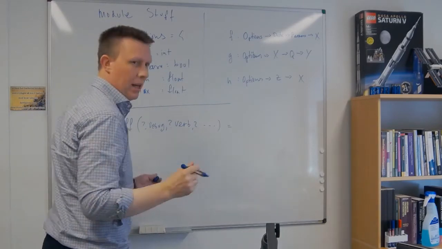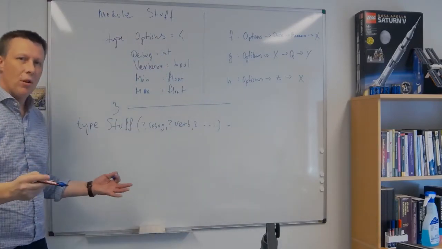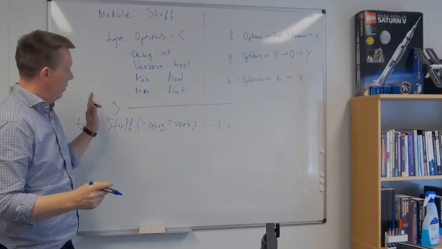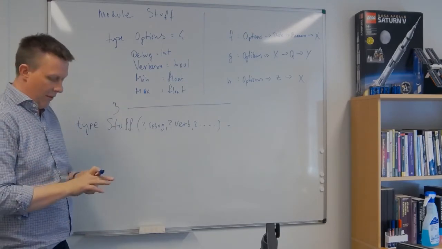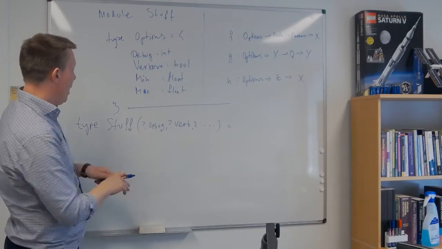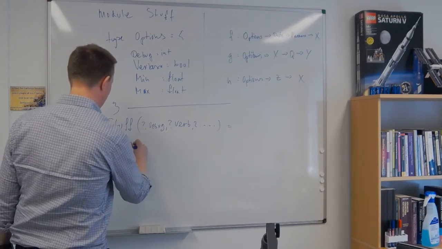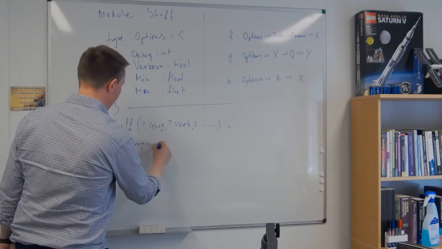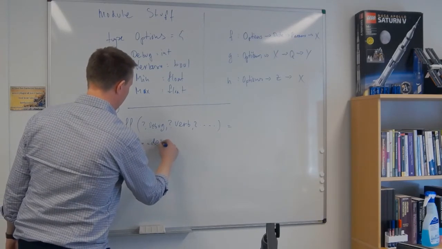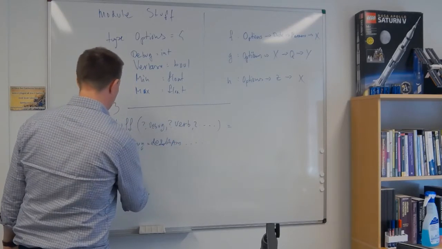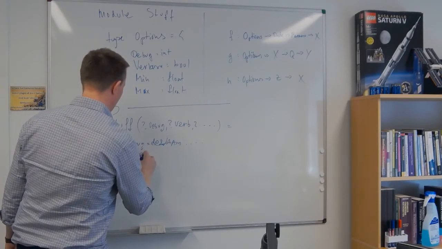And then, of course, I can create a default constructor for it, so that I don't have to even give any arguments at all. And then internally in the class, I can say, well, let debug equals default arg and so on, and let verbose equals.